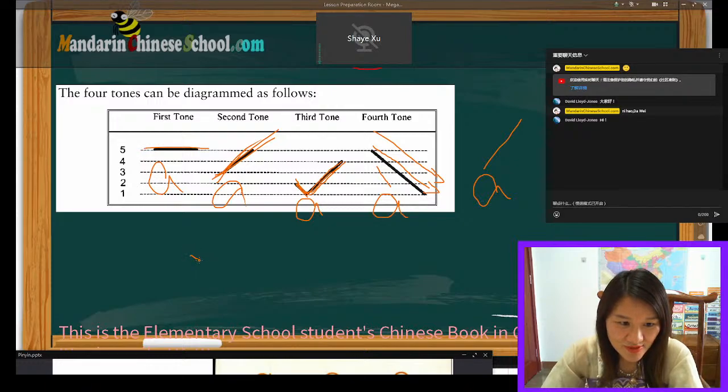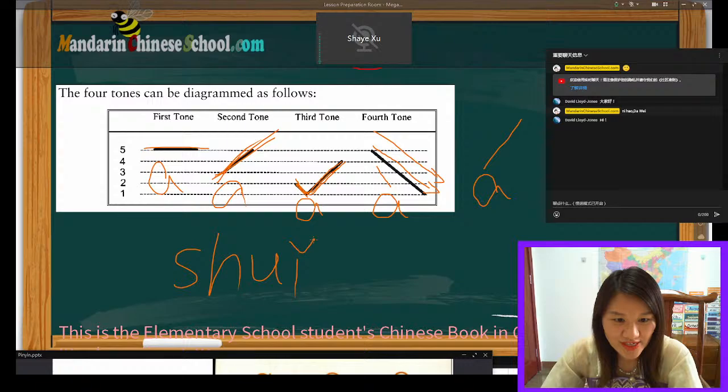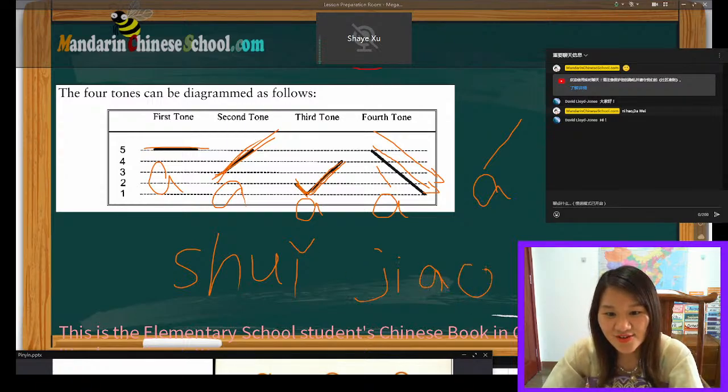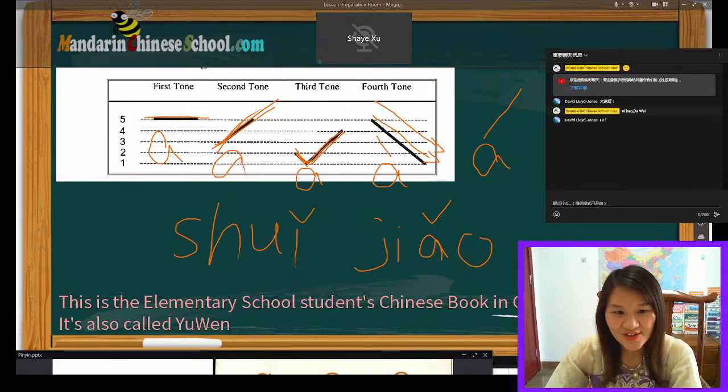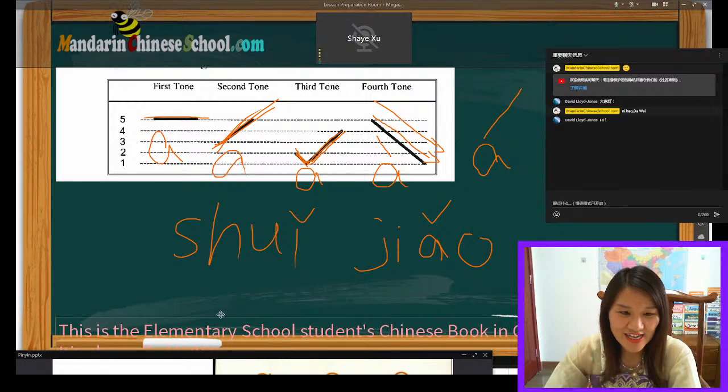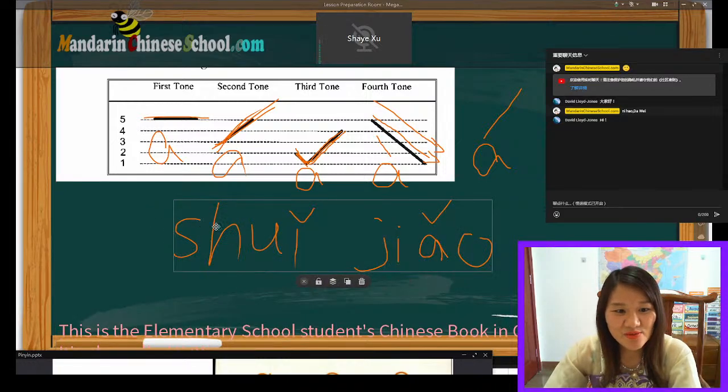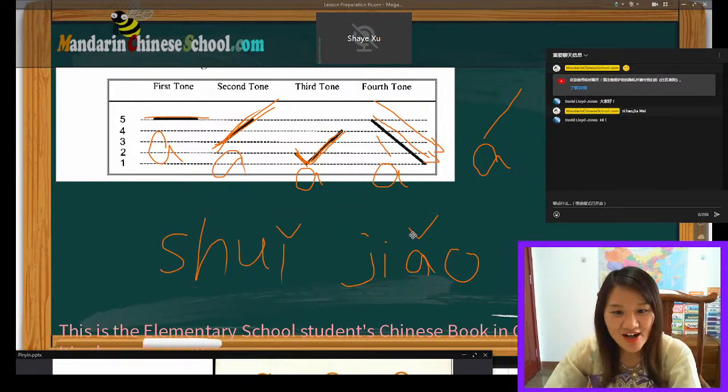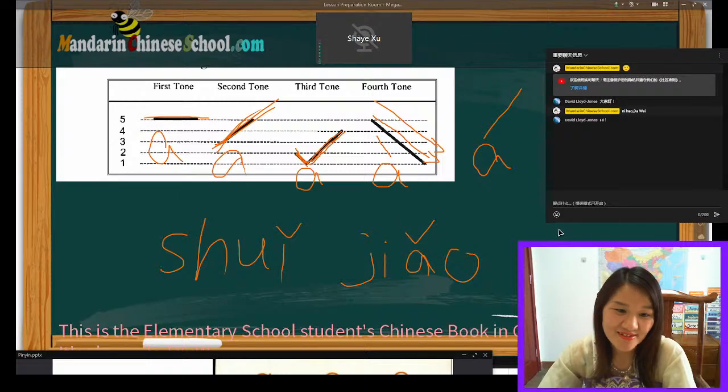Such as 水饺. This word I guess you know. Maybe some friends know the meaning of 水饺, right? 水 means water. 饺 means a dumpling. The 水饺 together, water dumpling means dumpling.